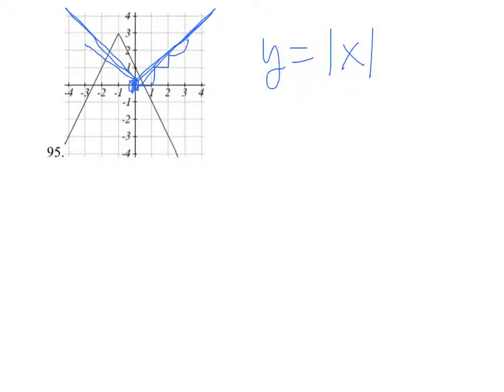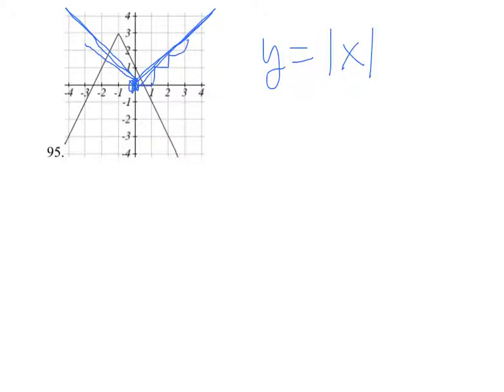So this is from the same page. I'm seeing an absolute value graph. When I have an absolute value function, this plain old normal absolute value function opens like this, vertex at 0,0, and it rises up 1 over 1, up 1 over 1, same deal to the left.